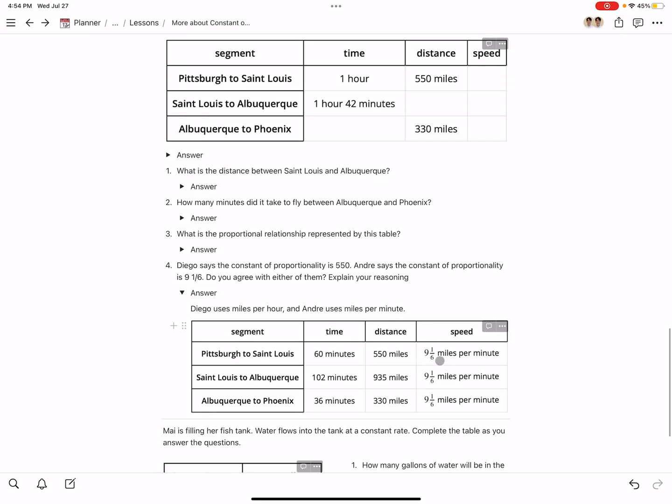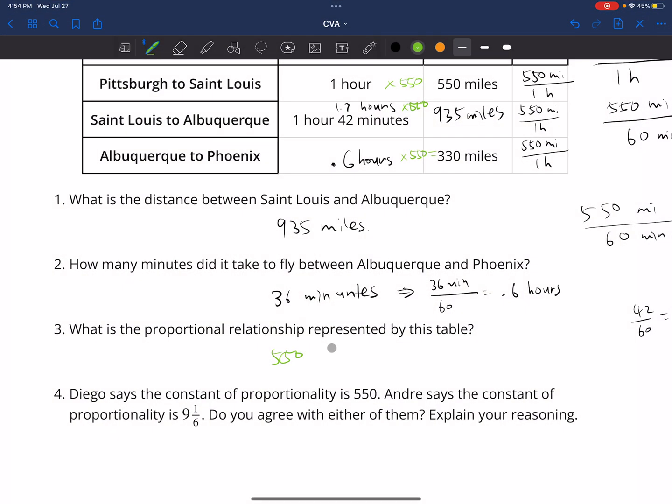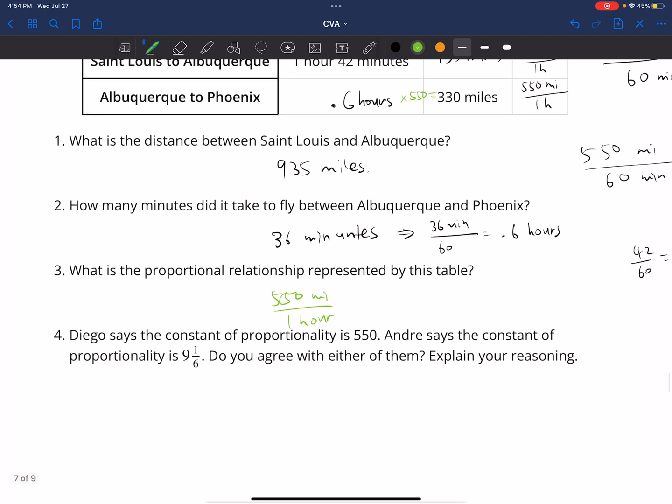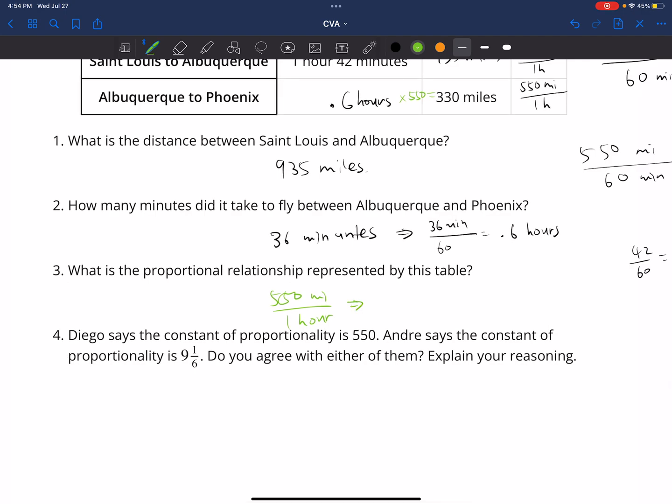I see. So the way that Andre got 9 1/6 is he's talking about miles per minute. What we're talking about is 550 miles per hour, miles per 1 hour, right? So if we want to convert that into minutes, if we want the denominator to be minutes, we're going to have to change this to 550 miles over 60 minutes.